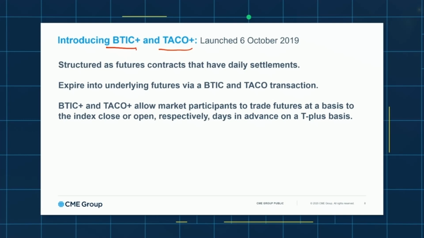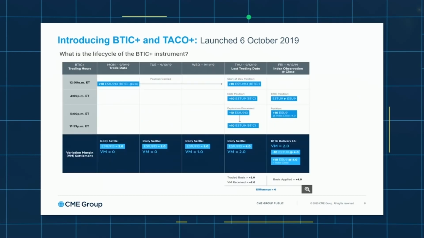TACO, same thing. Instead of settling to the next session's opening valuation, it could be a day session plus 1 or 2 or 3. BTIC Plus and TACO Plus could be particularly useful primarily for options trading, where an options settlement will occur and you want to lock in your basis relationship to the index prior to that day.